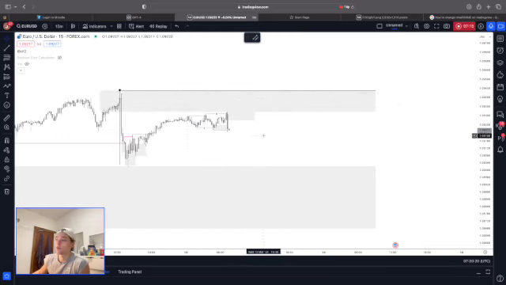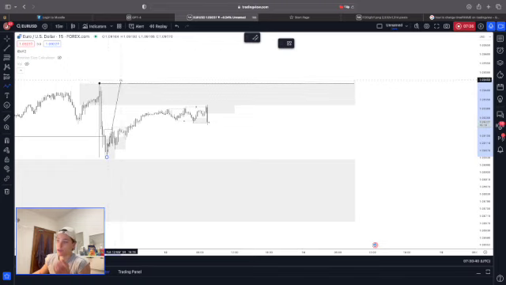This correction has been relatively corrective. When you see impulsive moves as a pullback, you want to be more cautious, because it's likely that could break the swing structure and shift the opposite way.